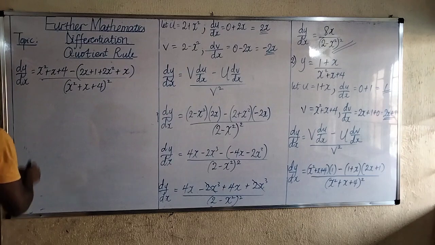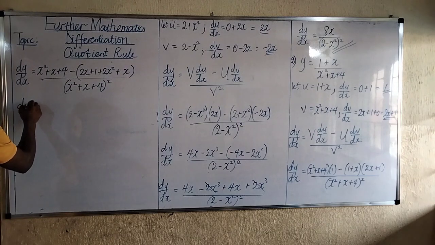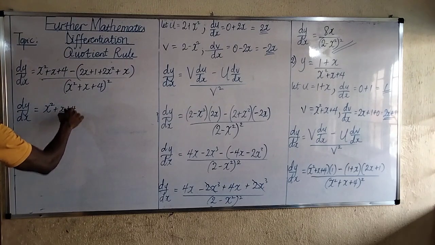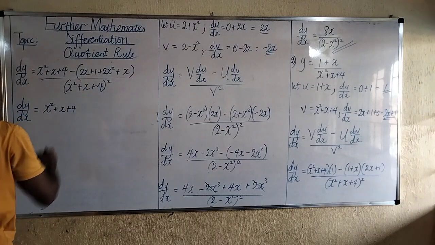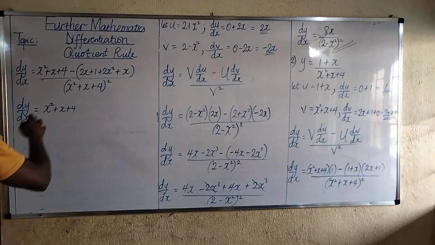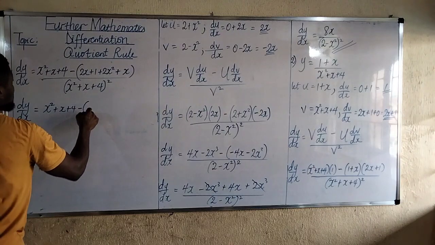So this will be dy over dx equal to x squared plus x plus 4. Open up this bracket. Is there any like term in the bracket? Yes, there is. Let us do that.